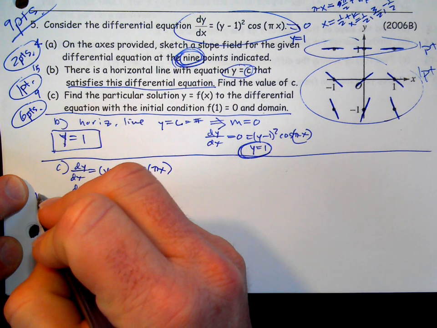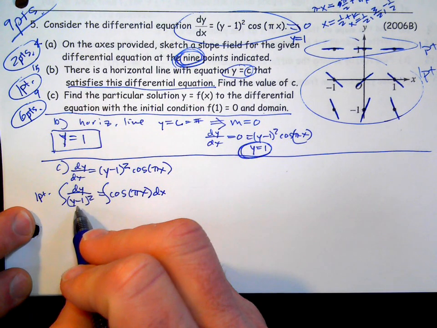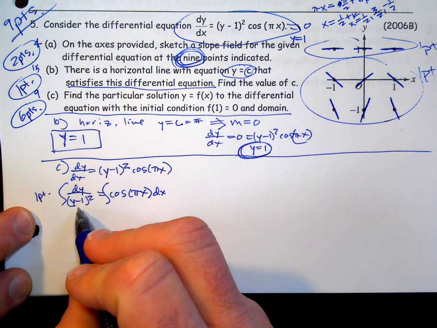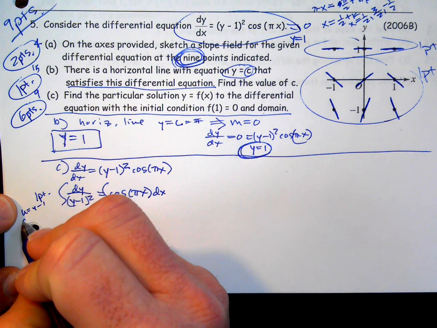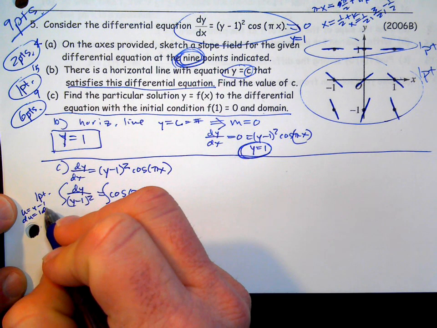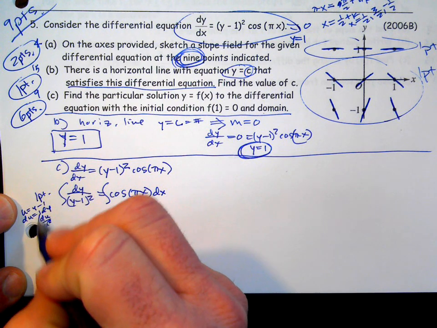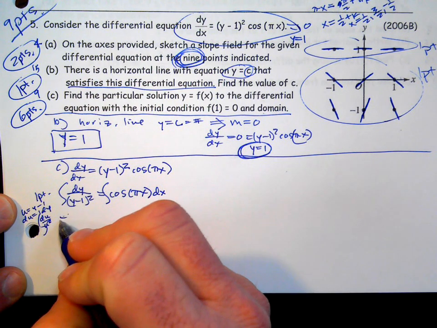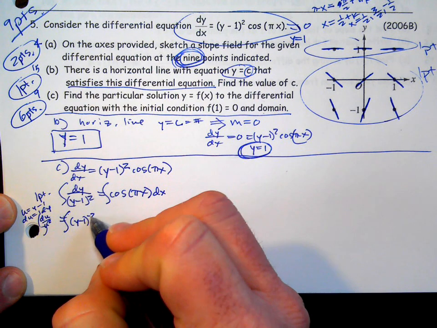This is worth a point, okay? Integrate both sides. This right here, you could do u substitution if you felt like you needed to. u equals y minus 1, du equals 1 dy. That would be du over u squared. Now, I would just think of this like this. I would say, okay, this is (y minus 1) to the negative 2 dy.